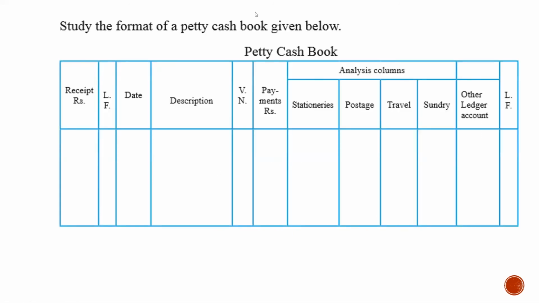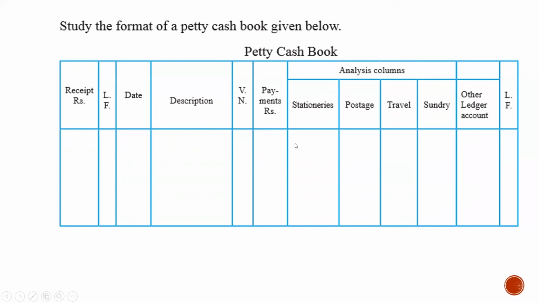So this is the format of the petty cash book. You record the description, you put the date, and on this side you have the receipt, that is the petty cash imprest you get. Whenever you make payments, you have the voucher numbers listed and the amount of the payment. This part is kept as an analysis, right?